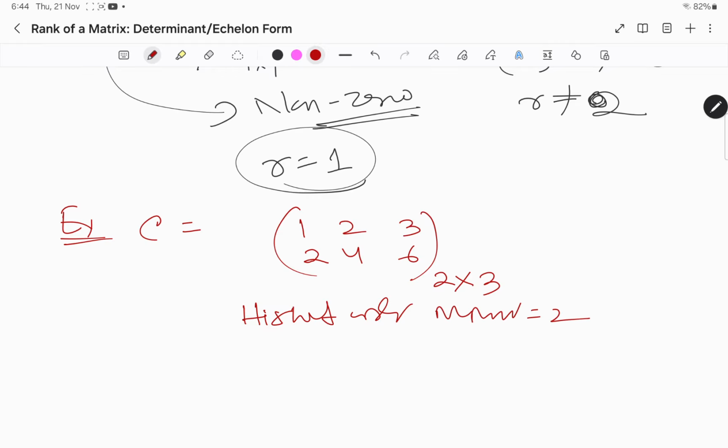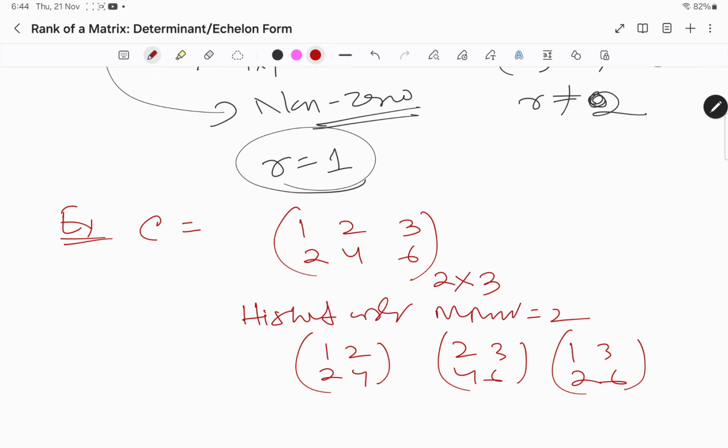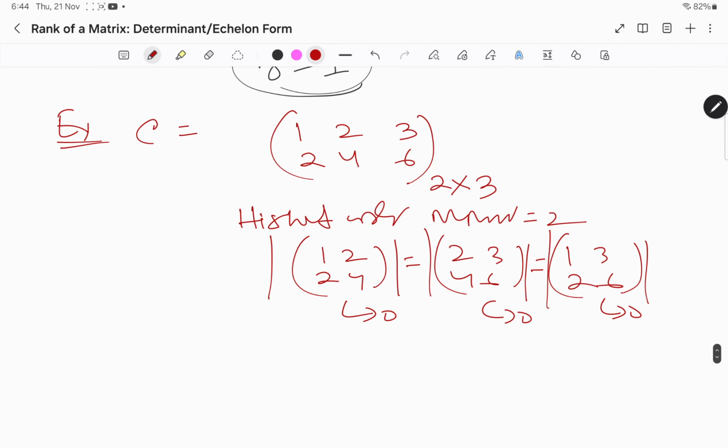So it may be 1 2 2 4, it may be 2 3 4 6, it may be 1 3 2 6. You see here, this determinant is 0, this determinant is also 0, this determinant is also 0, this determinant is also 0. So the rank of the matrix C cannot be 2.